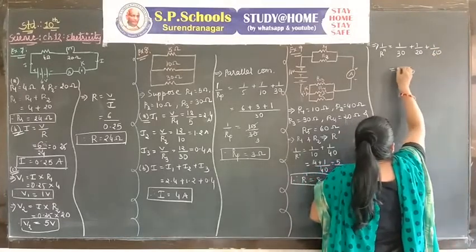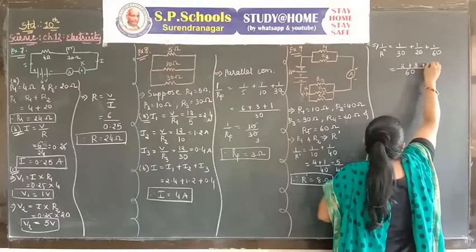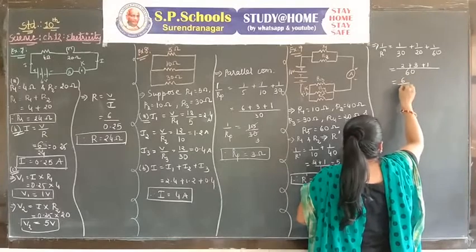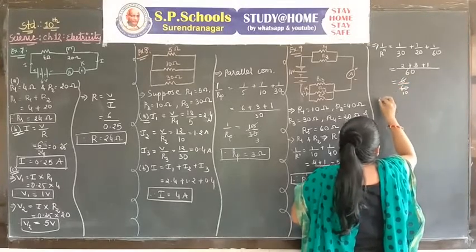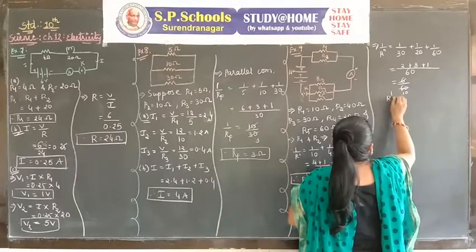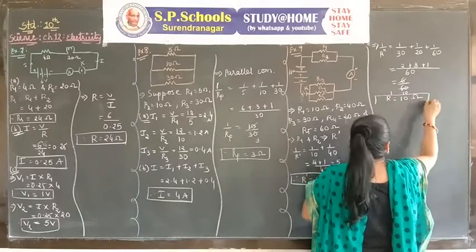And we solve it. We get 6 upon 60. So here we find R double dash is equal to 10.